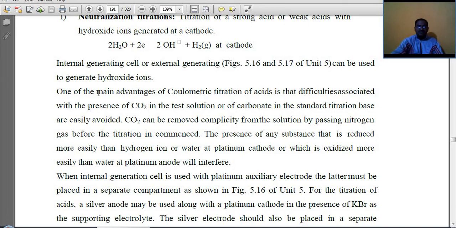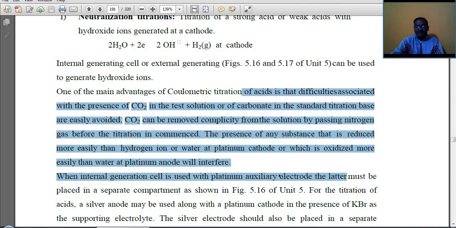Here is one of the main advantages of coulometric titrations of acids. The difficulties associated with the presence of CO2 in the test solutions or carbonate in the standard titrant are easily avoided.